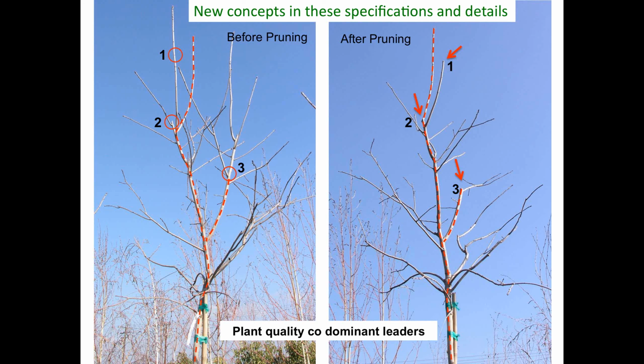And you'll notice the tree to the left has what we call codominant stems, at the number 3 on the left side, you'll notice the aspect ratio, or the size of the branch in relation to the trunk, is equal. And this slide shows how to subordinate or slow down the growth on codominant stems and establish the central leader. Next.